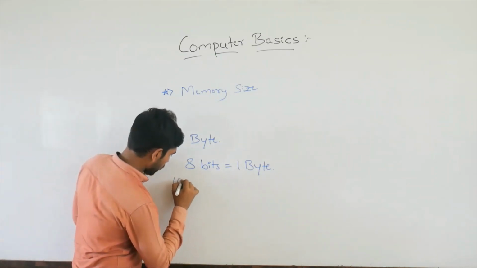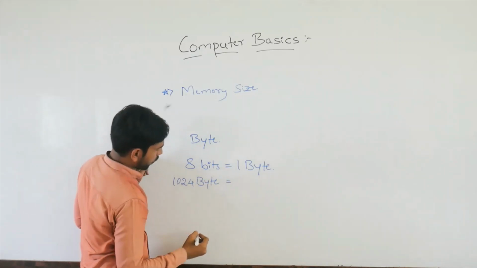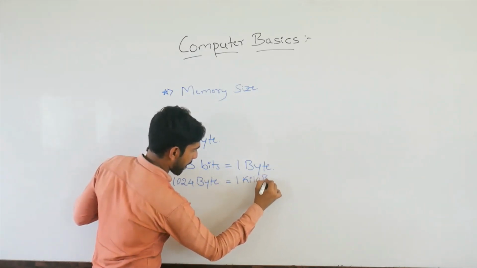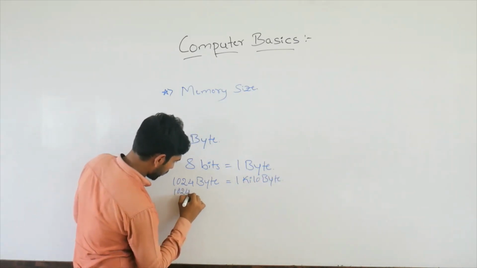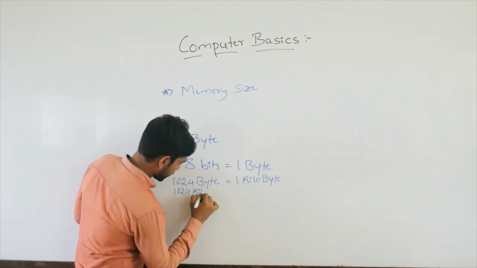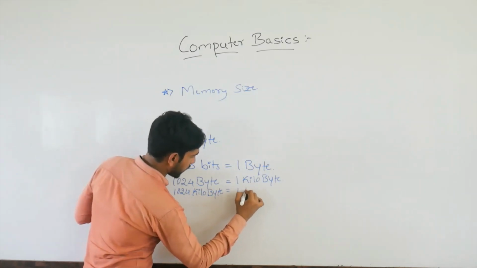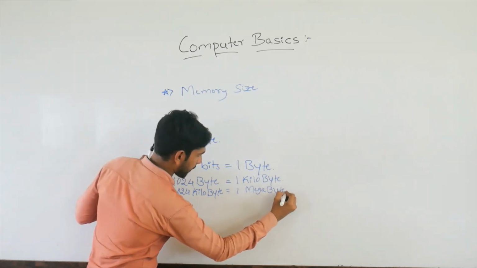Okay. 1024 bytes equal to 1 kilobyte. Now 1024 kilobytes equal to 1 megabyte.